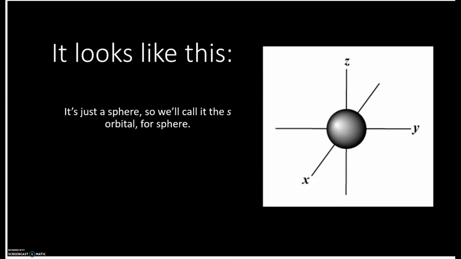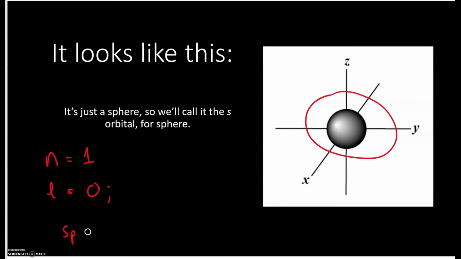So when we're at energy level 1, n equals 1, and L has only one possible value, 0. That's this guy. So at energy level 1, there's only one type of orbital available, and it is shaped like a sphere. So we're going to call it an s orbital because that's what it looks like. And there's only one type of orbital available.